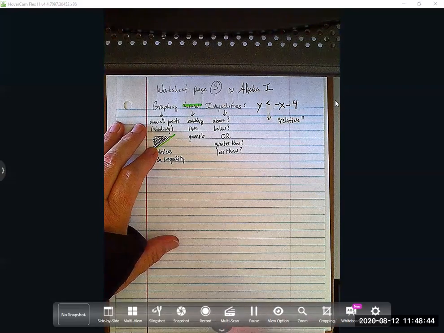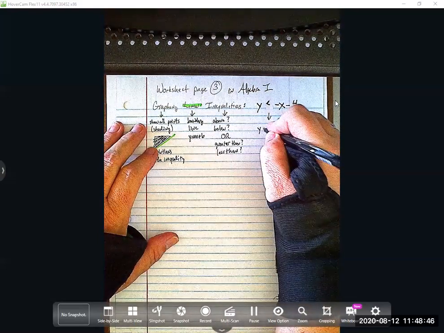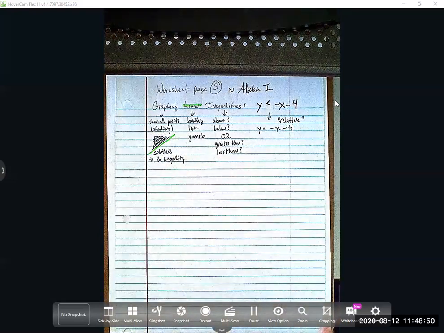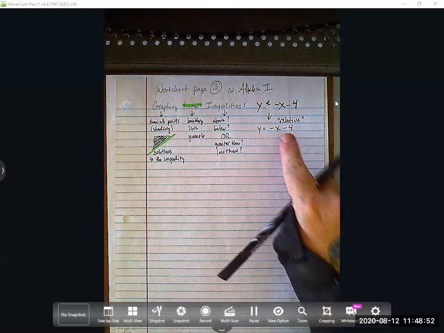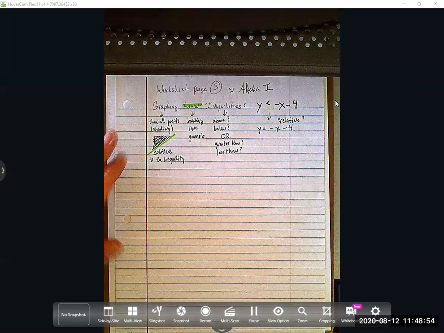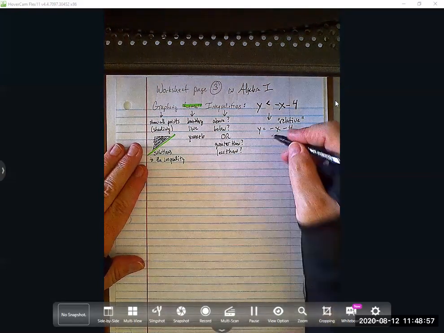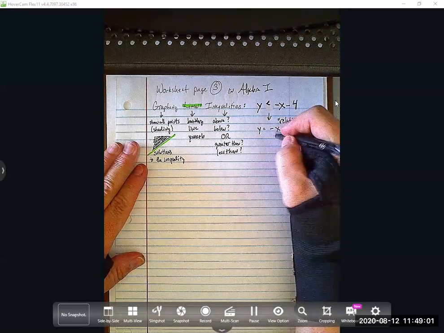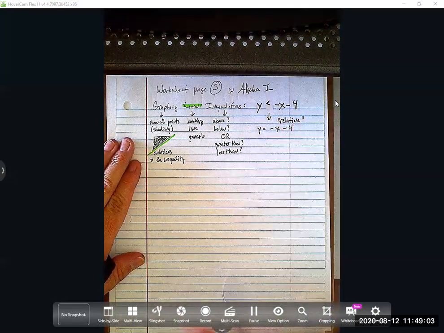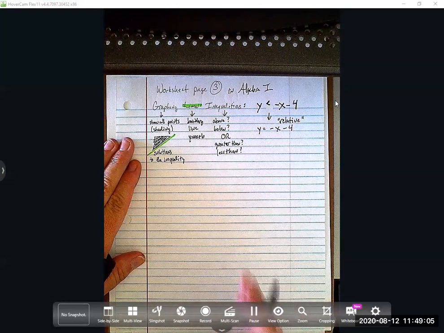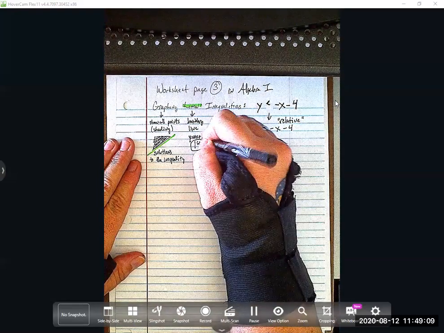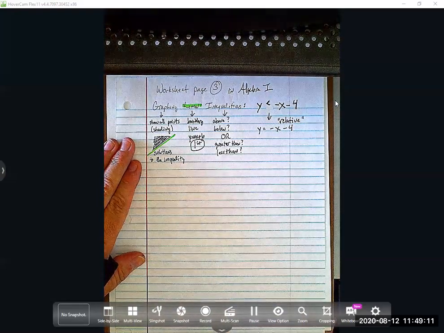It's easier to start by graphing an equation, y equals negative x minus 4, than it is to graph the whole thing right off the bat, because this is our boundary line. So we're going to use the relative equation, y equals negative x minus 4, and start that boundary line. And as we're going through this, you will see why doing the boundary line first is so important, okay? But you always want to do the boundary line first, then you can worry about the other stuff.